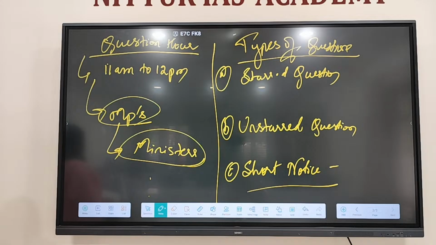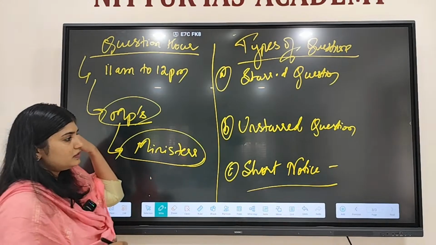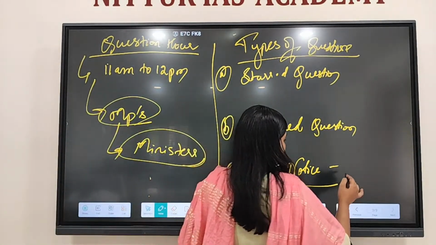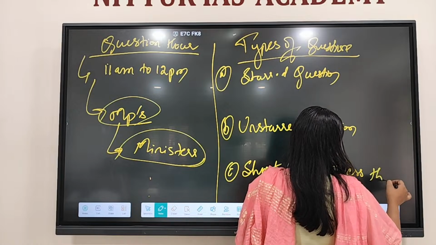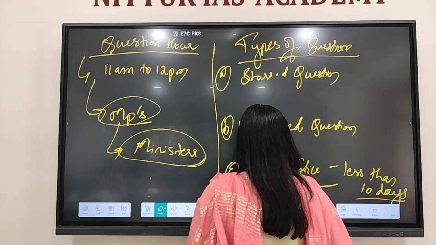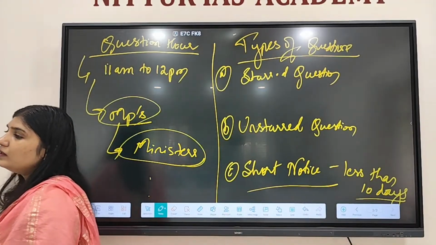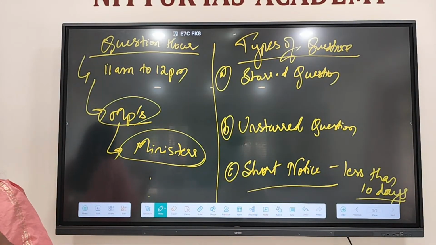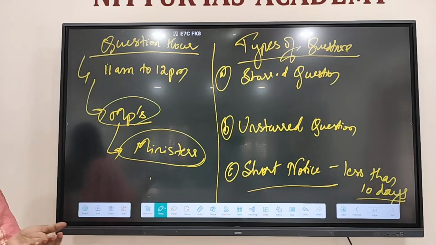Okay. Next one, short notice question. Here, the question will be asked by sending a short notice. And that should be less than 10 days, that ministry should answer orally.